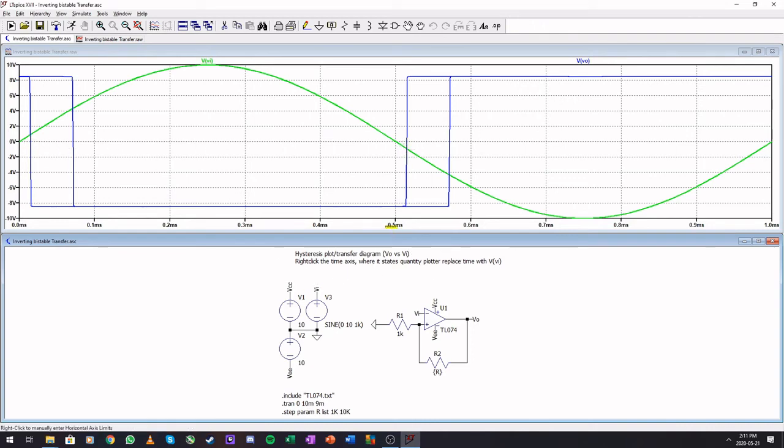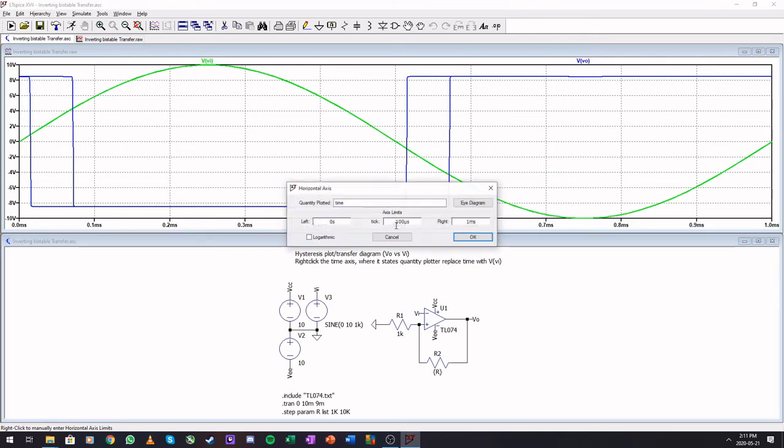Okay, so for those of you that don't know how to do a hysteresis of one of these, you go to the time bar here and you right click, and where it says time, you type in V bracket and whatever the node's name is. That's why I always give my nodes names, and you want to plot it versus Vin.